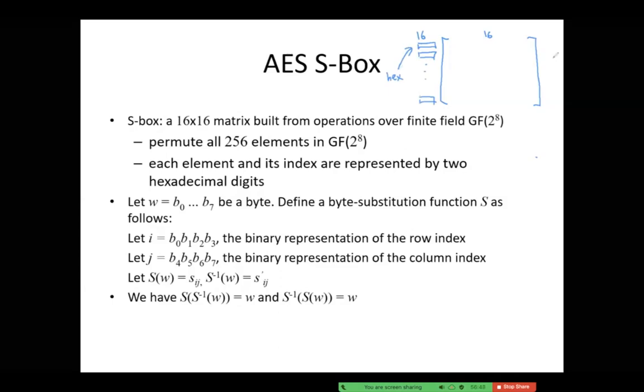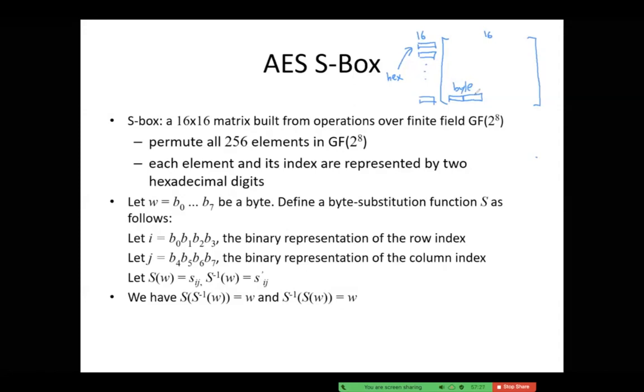Same here, for each column it is also a 4-bit number. And then for each element, because you got 256 elements, each element is a byte, represented by 2 hex numbers. The first 4 bits is one hex number, the second 4 bits is another hex number. So that's what this matrix is.